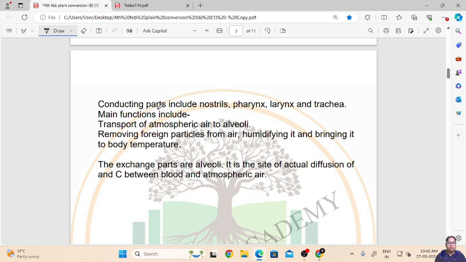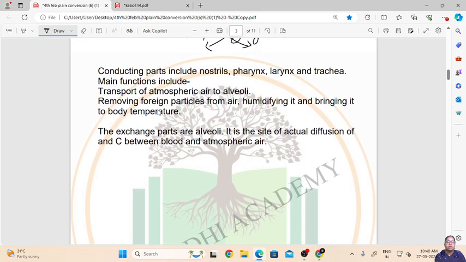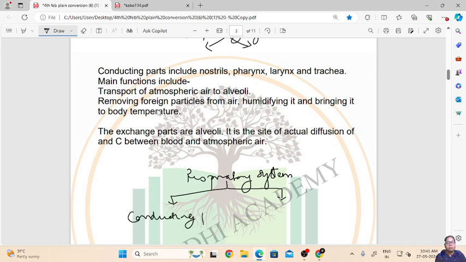So the human respiratory system is divided into two parts. The first part is called the conducting part, and the second part is called the exchange part.